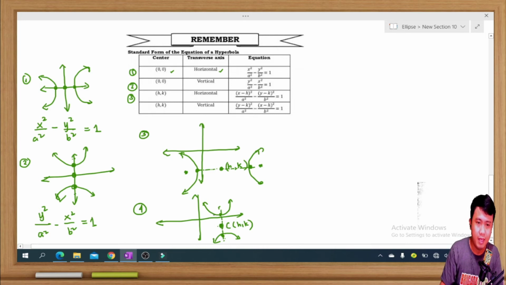And as you see, ang pagkakaiba din nila doon sa ating center, which is 0, 0, mayroon na tayong H and K na value. Yan. So, minus po yan minus. Unlike po doon sa ellipse, plus.